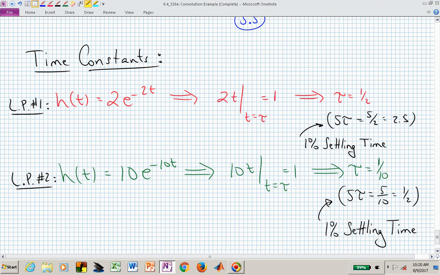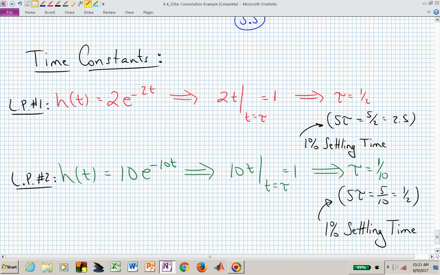So a 1% settling time is 5 of those, or 5/2, or 2.5. If we changed our impulse response, which is really changing our low-pass filter, to have an RC time constant such that 1/RC is 10, then we have 10e to the -10t, or a time constant now tau equal to 1/10.